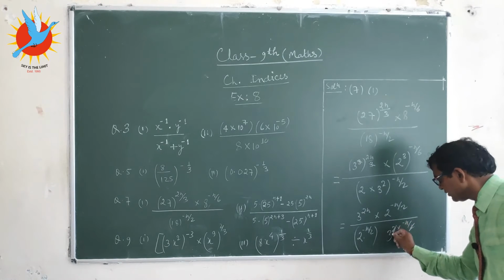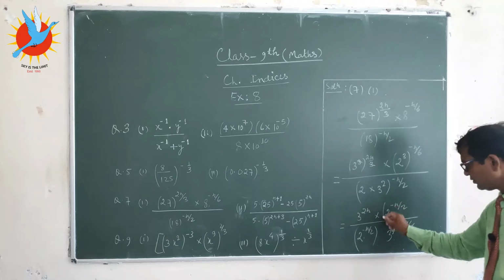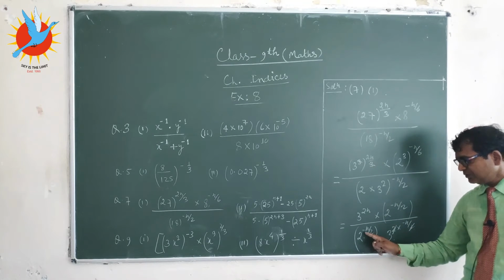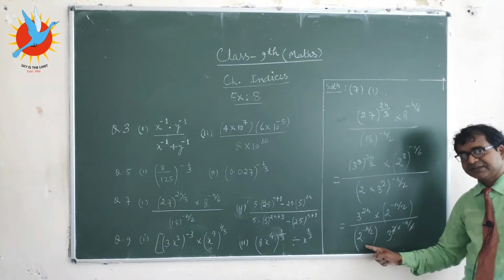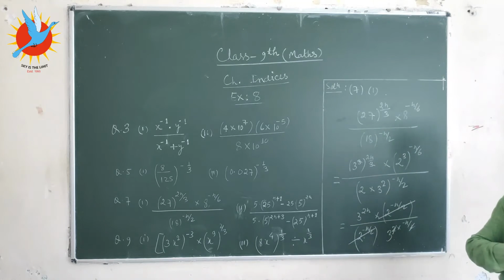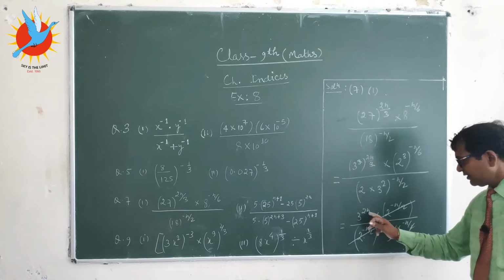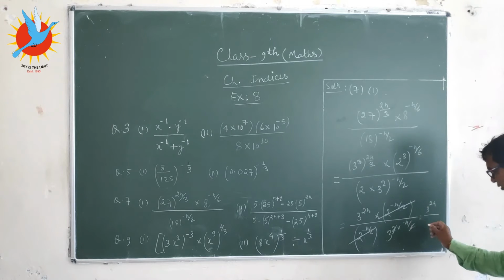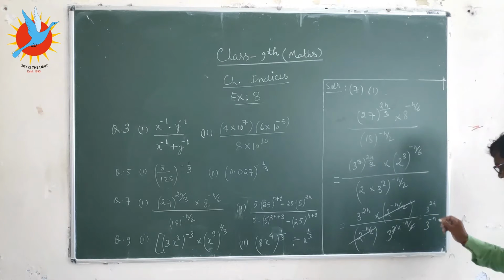This 2 and 2 would be cancelled out. Now 2 to the power minus n by 2 and 2 to the power minus n by 2 are both the same thing, and therefore these will be cancelled out with each other. Here we are left with 3 to the power 2n and 3 to the power minus n.